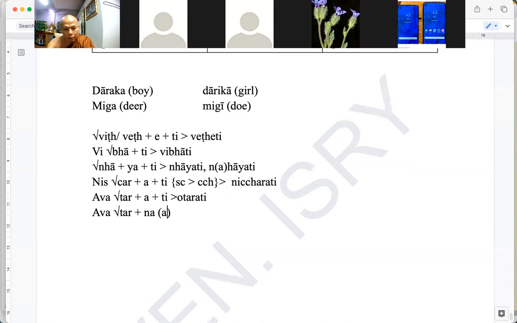So here, our is changed to the O first stage, and because of ra influence, na is changed to the na with the dot, and then ra na, so ra is assimilated to the na, so na. We have, in this way, past participle form is ordain.